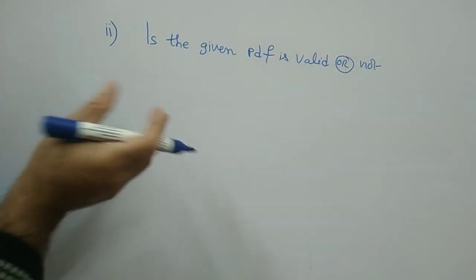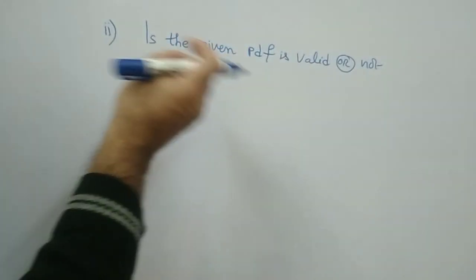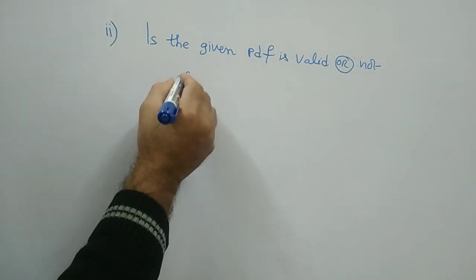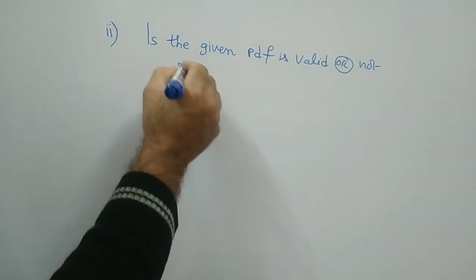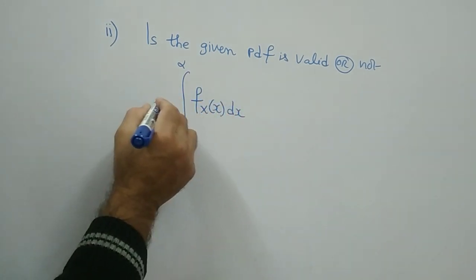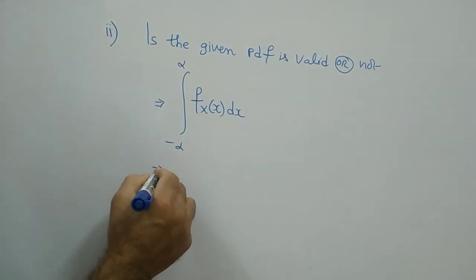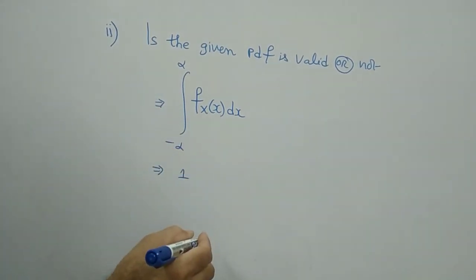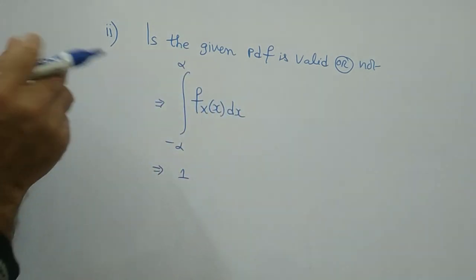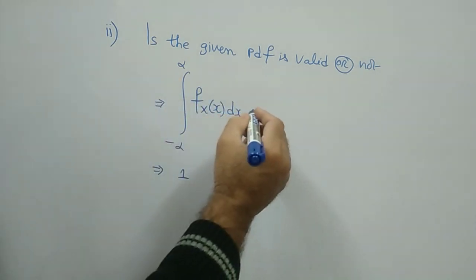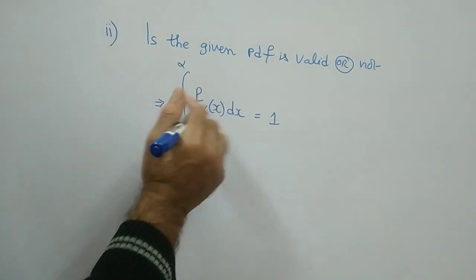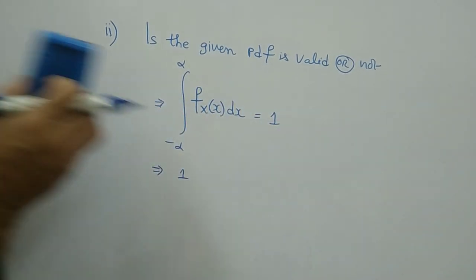In order to verify the validity of the density function, again you need to evaluate the integral from minus infinity to plus infinity of f of x into dx. You should get the answer as 1. In the previous case, in finding the constant k, we considered the total probability property, and from this property we can simply obtain the value of k.